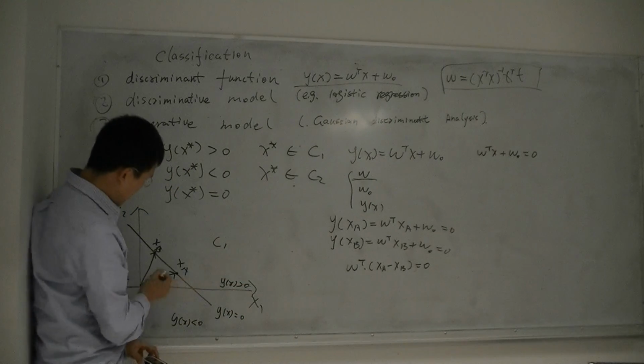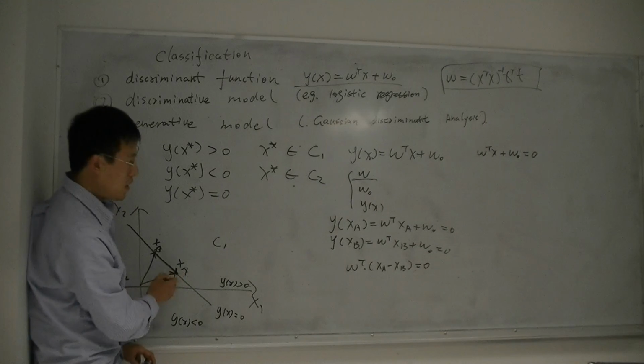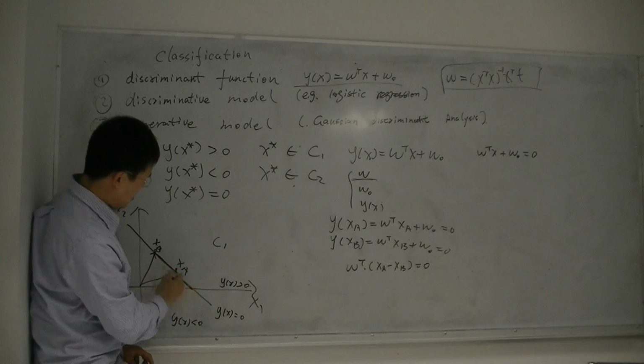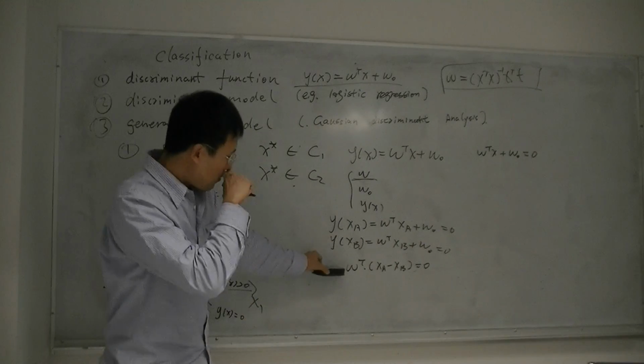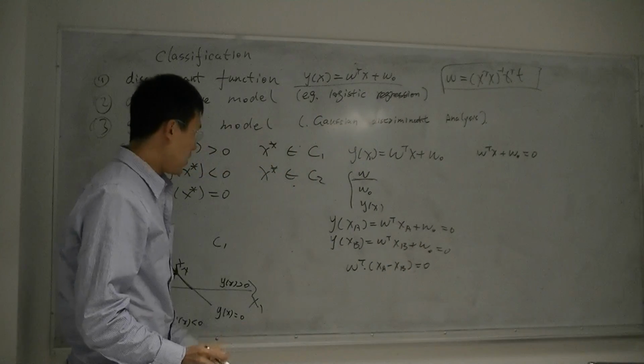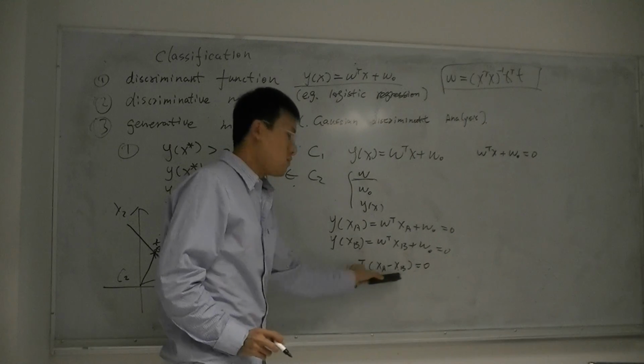So what is xa minus xb? It's here, right? Here is the vector xa minus vector xb. And we see the dot product equals 0, which means the vector omega is orthogonal to this vector.